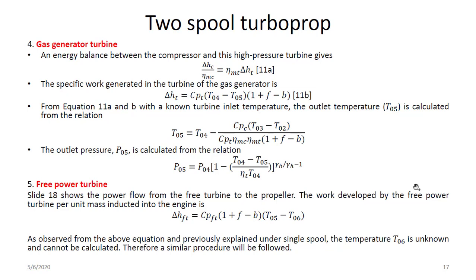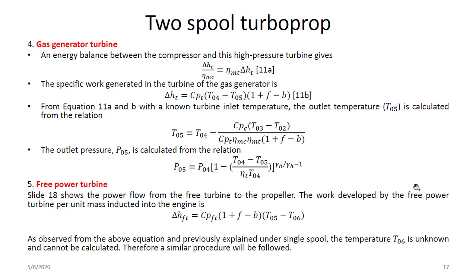And here you've got CPFT, which is the specific heat capacity of the exhaust gas that enters the free power turbine. That's why there's FT. So please don't confuse it with other relations.